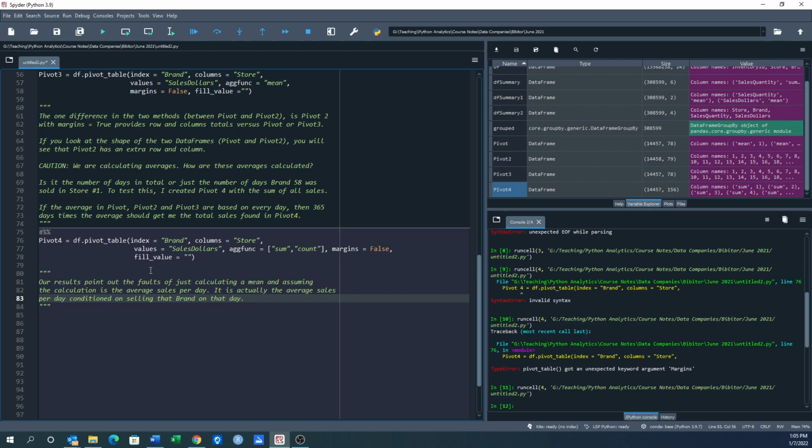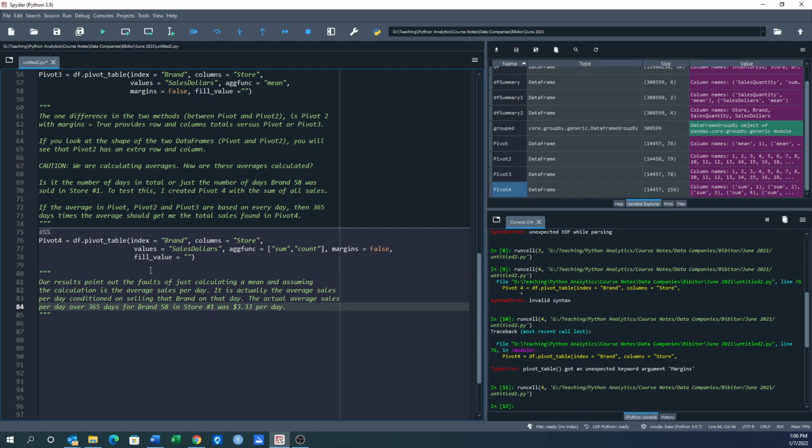So as we pointed out when I did the little calculation, the actual average sales per day over 365 days for brand 58 in store 1 was $3.33 per day.